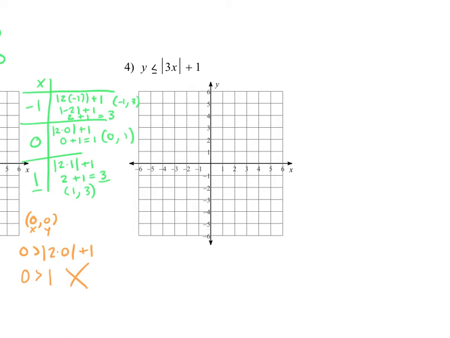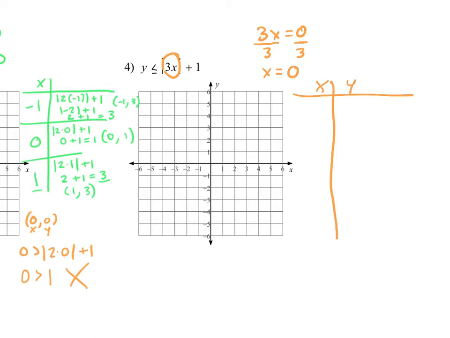Next, number 4. First thing we need to do, set what's inside of our absolute value equal to 0. Divide by 3. X is equal to 0. That's going to be our middle number. Then we can plug in -1 and +1.